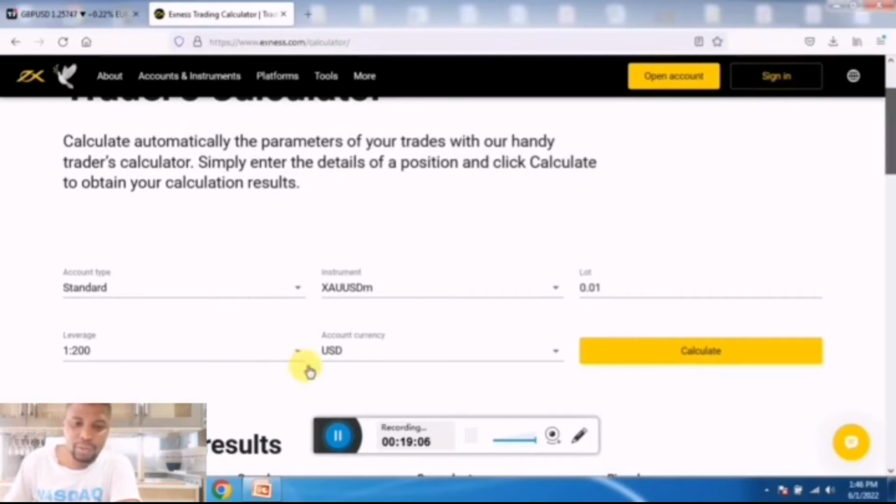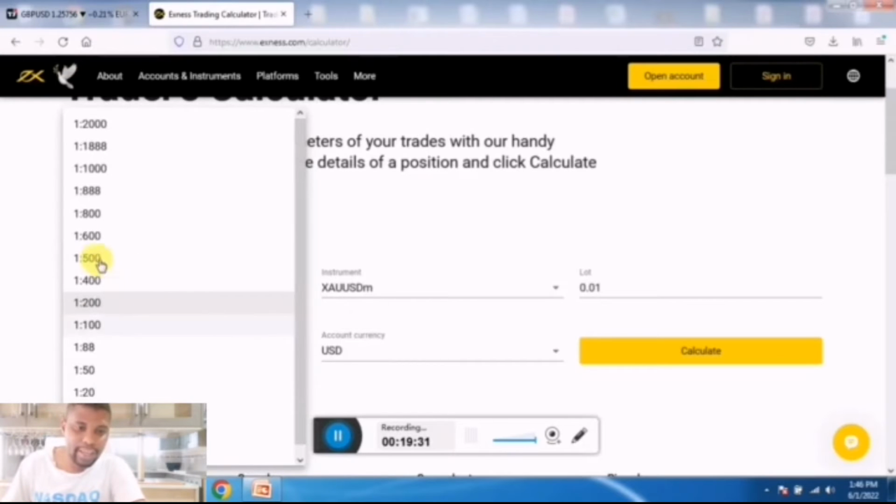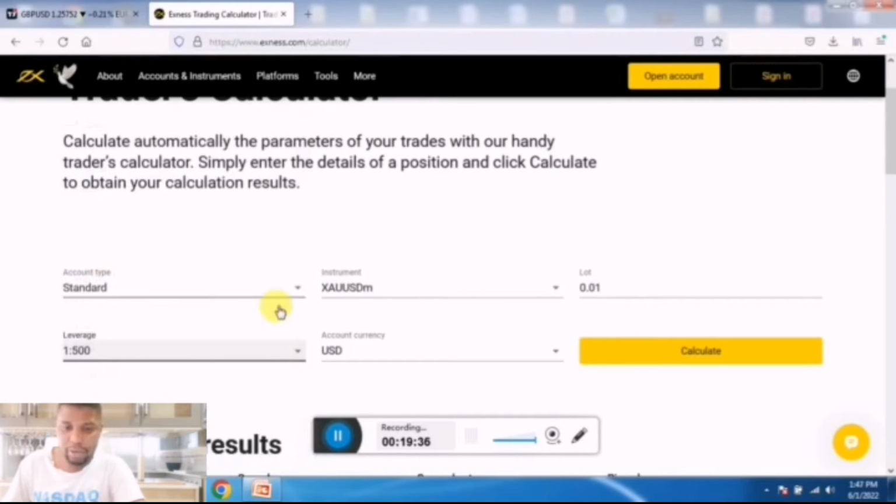So let us assume that our leverage is at 1:500, and obviously we're going to quote this in dollars.